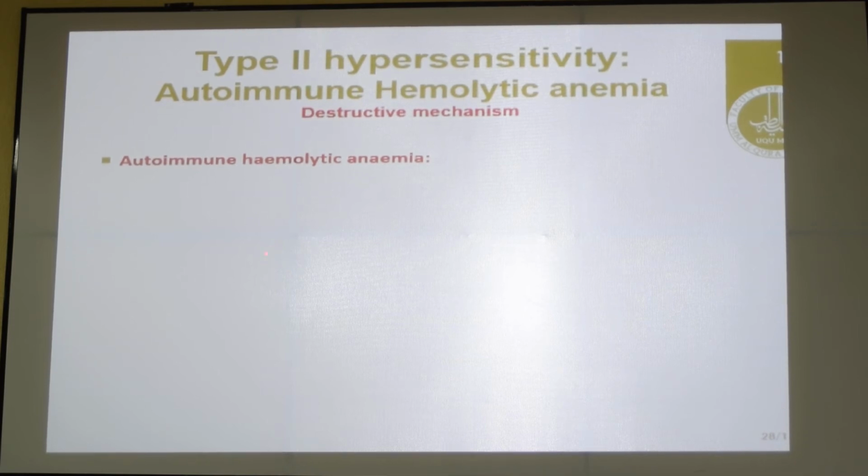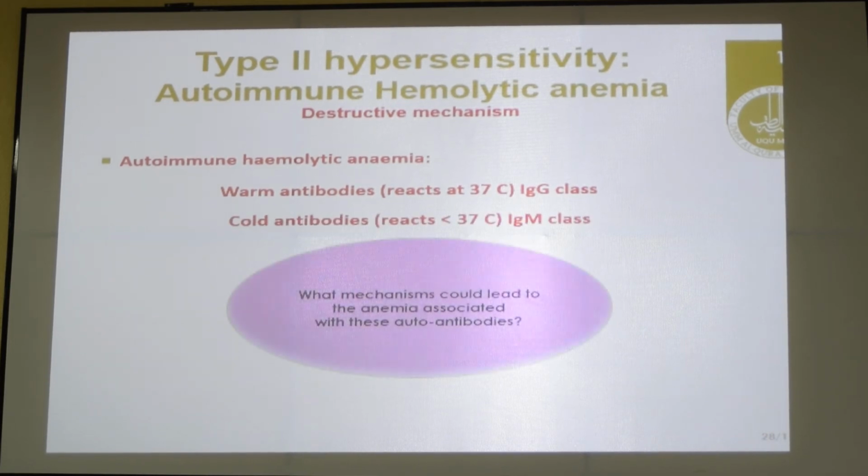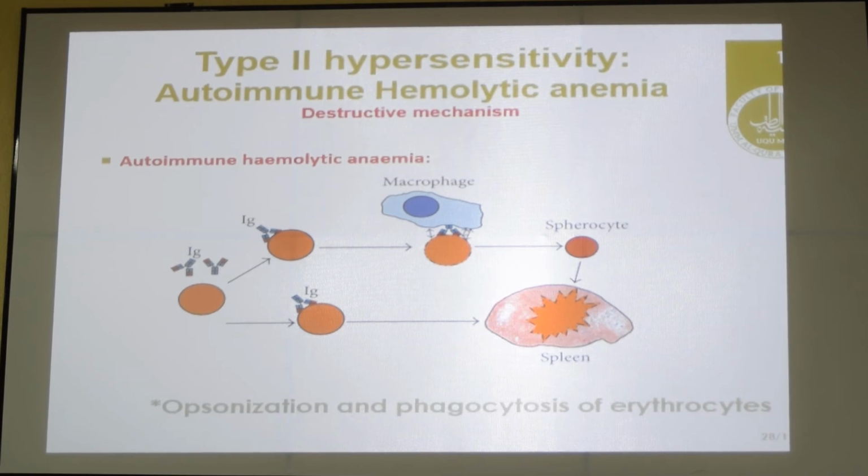Now the next thing is autoimmune hemolytic anemias. So the autoimmune conditions, why they result in hemolysis and what will happen with that. Warm antibodies are IgG class, cold antibodies are IgM class. One is going to cause intravascular hemolysis, the other extravascular hemolysis. We have already discussed this, but do you remember all this? Intravascular hemolysis is caused by IgM, because IgM cannot go out of the blood vessel, and IgM is going to activate the classical pathway.